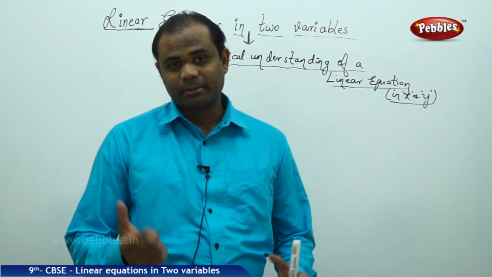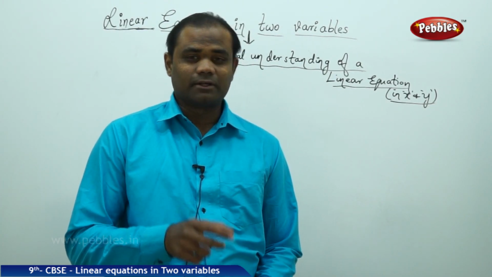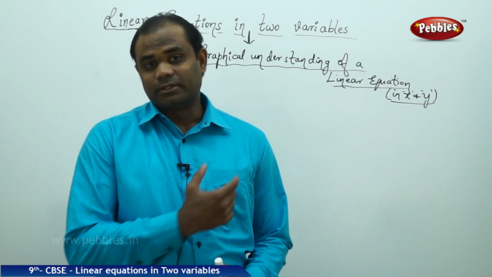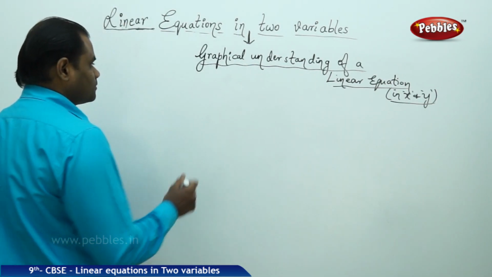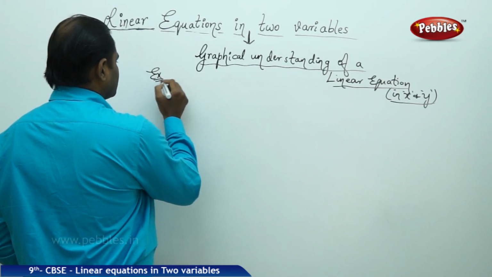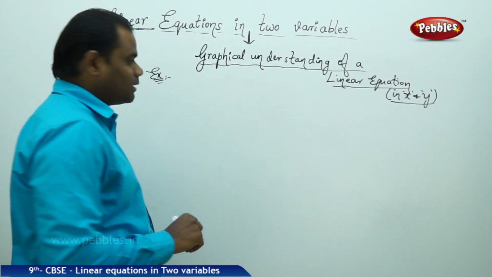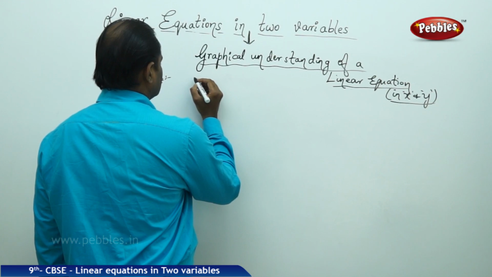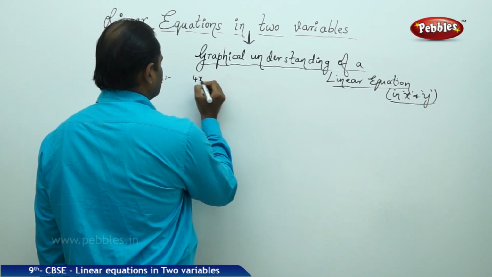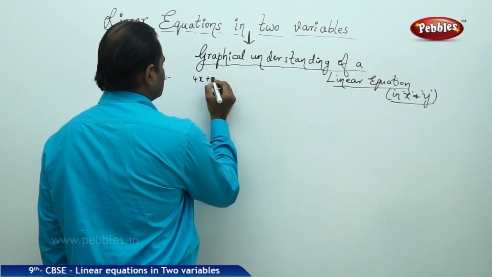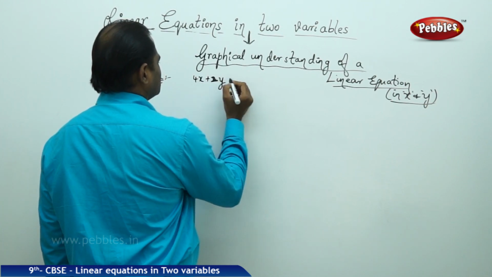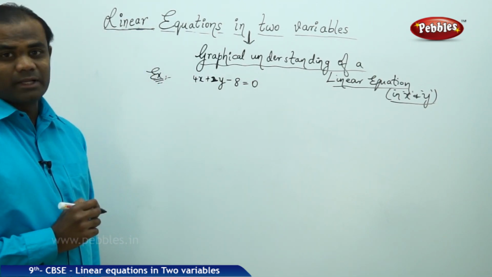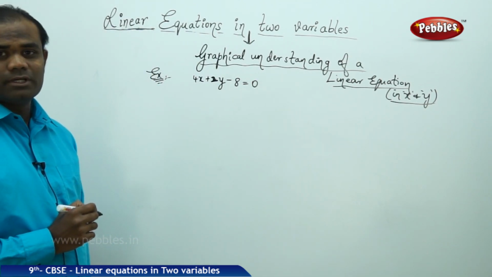Now let's take an example problem to understand the graphical concept of a linear equation better. Let's see with an example problem considered. For example, I have an equation 4x plus 2y minus 8 equal to 0, which is a linear equation.